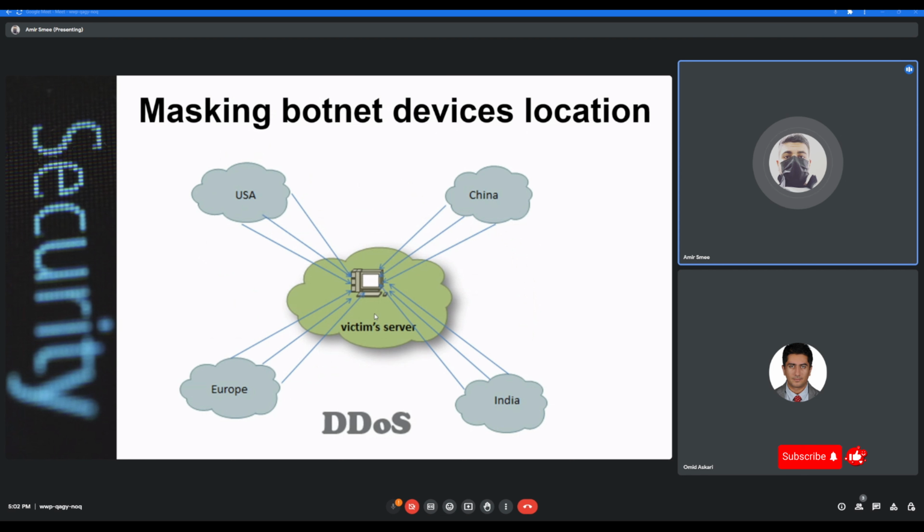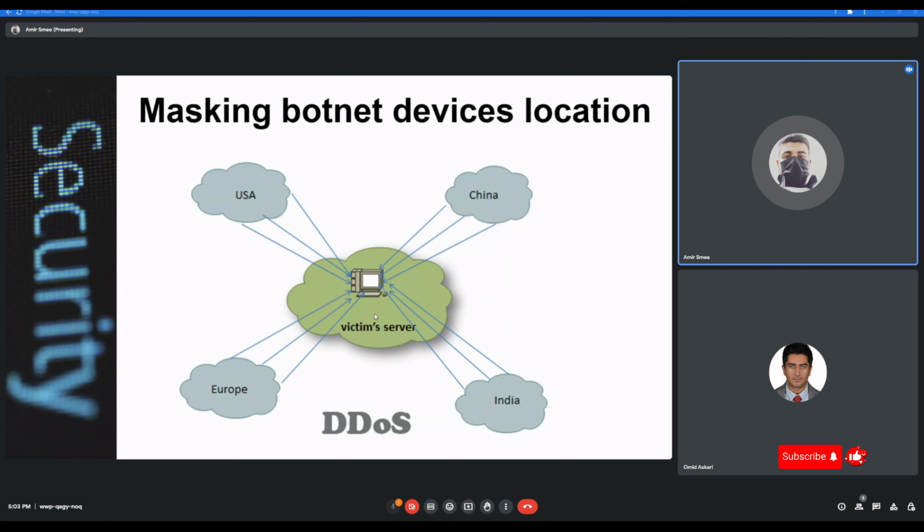Botnets are typically comprised of either random, geographically disparate devices or computers belonging to the same compromised network. By using spoofed IP addresses to mask the true identities of their botnet devices, perpetrators aim to, one, avoid discovery and implication by law enforcement and forensic cyber investigators.